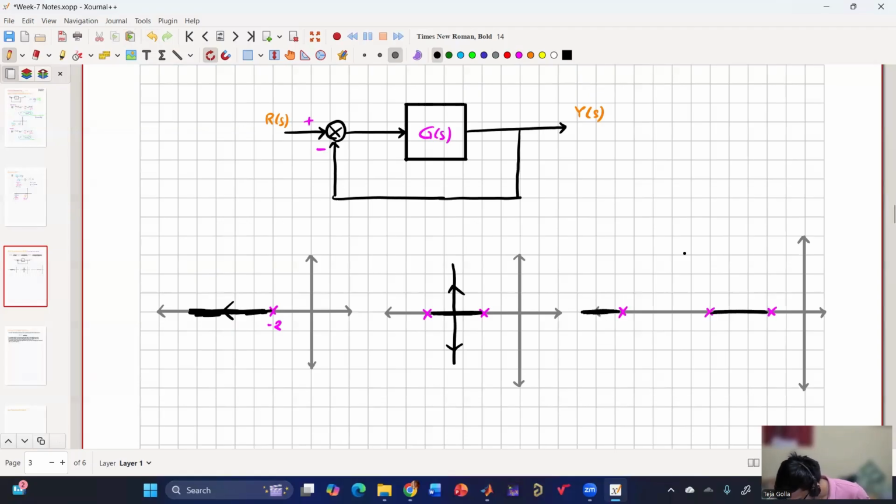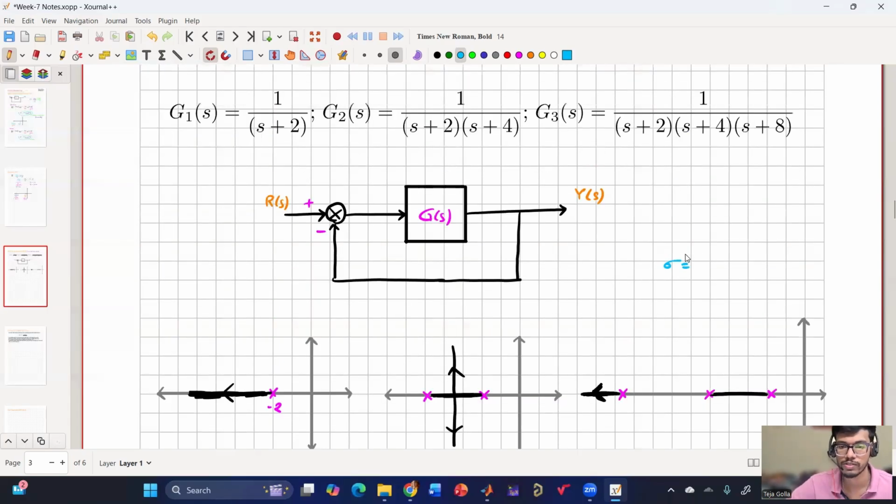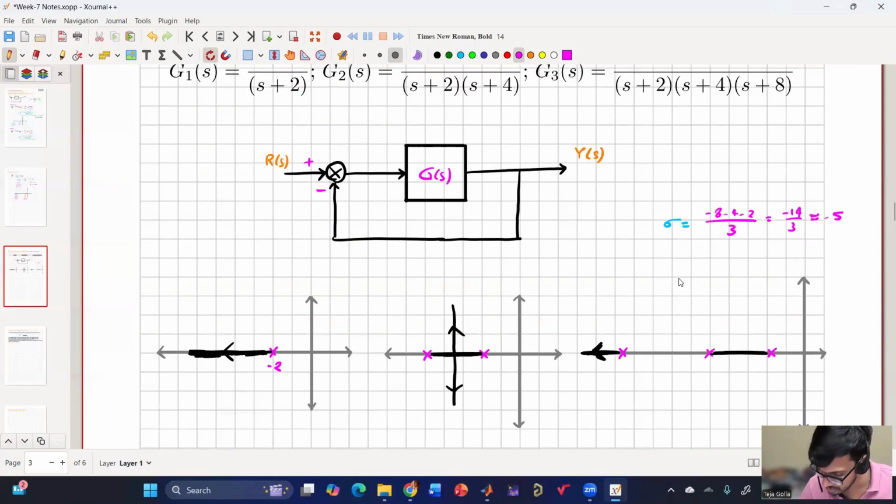So this pole will go to infinity, and these two will collide and then move to the other two zeros. To get that, we have to calculate the sigma. What is sigma? Summation of poles minus summation of zeros, divided by number of poles minus number of zeros. So we get minus 8, minus 4, minus 2, divided by 3, which is minus 14 by 3, close to minus 5. So the sigma is somewhere lying here.